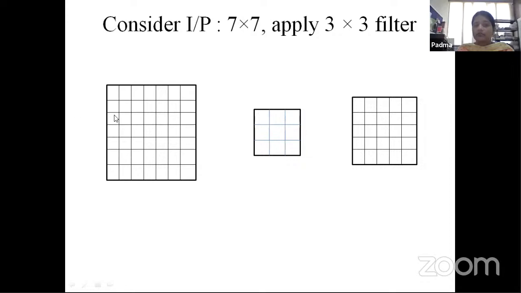When we apply it on the first sub-region, we might be looking for this particular pixel. That means I'm not performing the convolution operation on this particular input pixel. Why are we not applying it on this pixel? Because if I try to apply the filter considering this input pixel, some rows and some columns, the values we may not get.